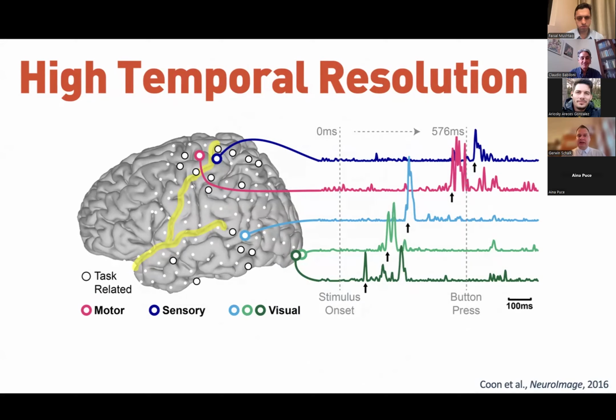This is a single trial of cortical activation, first in occipital areas, the green traces that you see here, then followed by this blue area, temporoparietal junction, and then up to the pink one in hand area motor cortex prior to the button press, and then followed after the button press by activity in the dark blue trace on the very top, which is in hand area sensory cortex. So ECOG has very high temporal resolution.